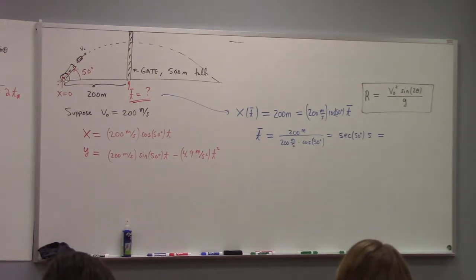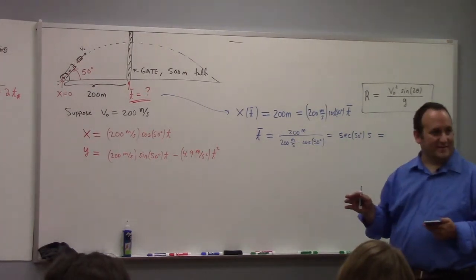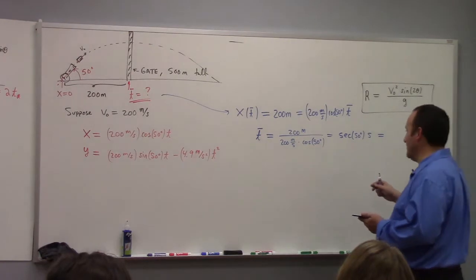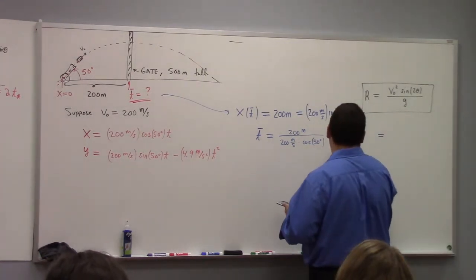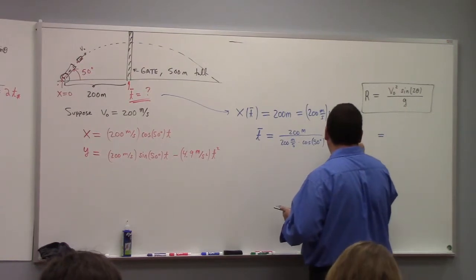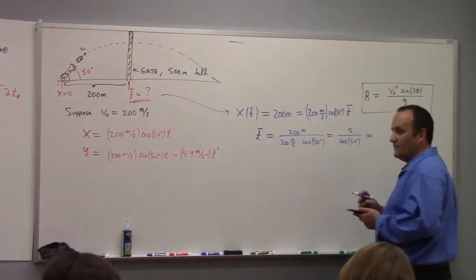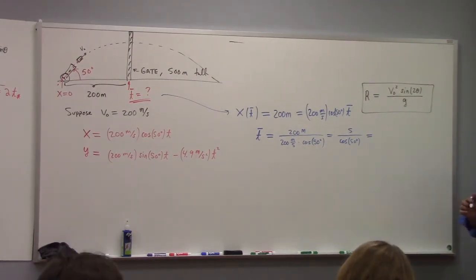Secant, not so much. So unless you've got a fancy secant-enabled calculator, that's good, but I think for some of us, we really need to look at that as a second over the cosine of 50 degrees. What is it? No?